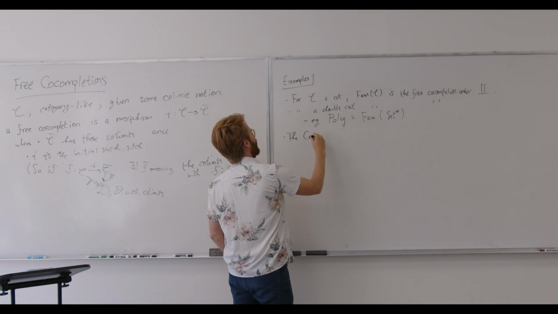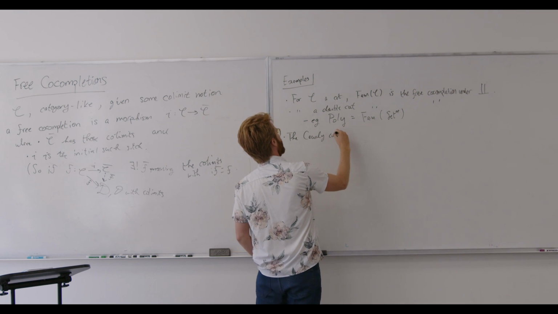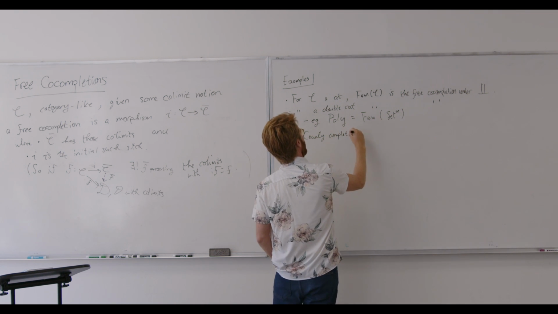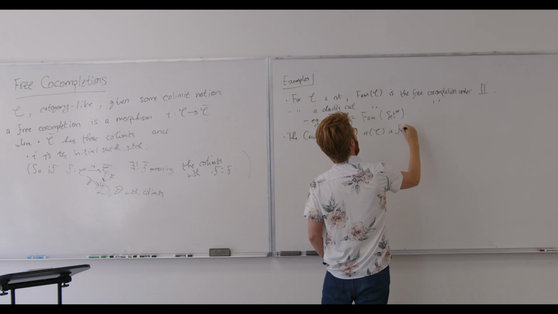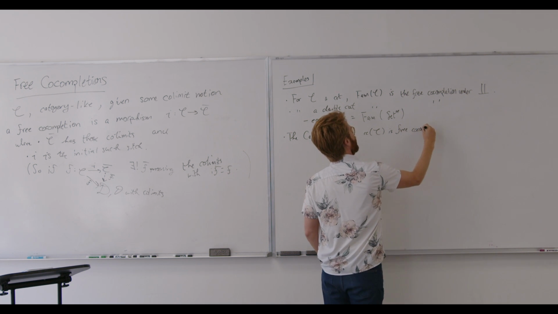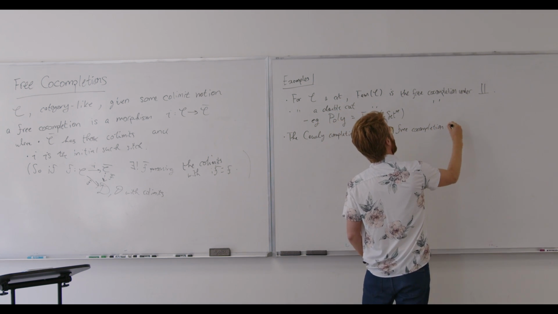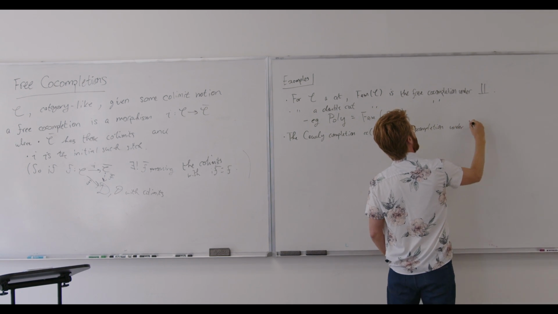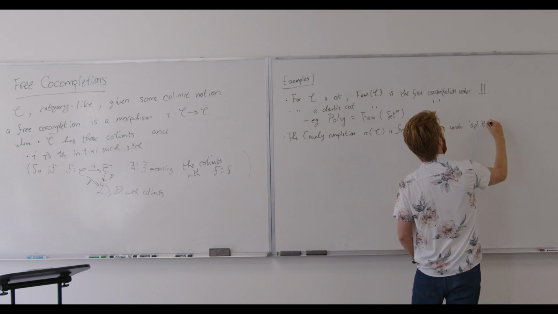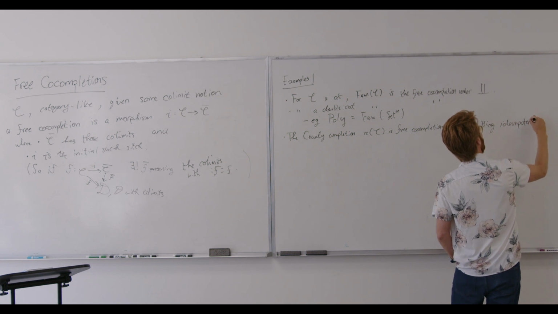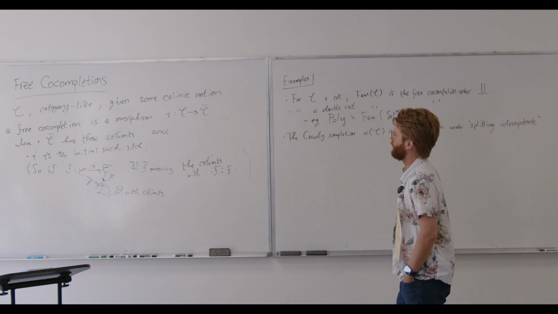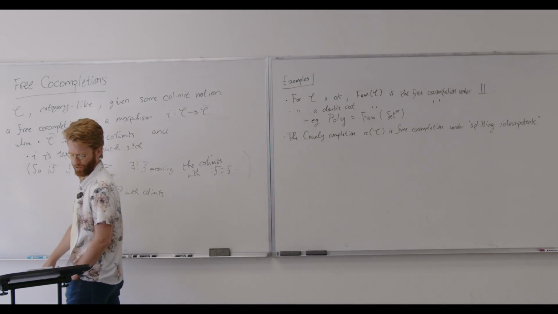The Cauchy completion of a category is the free cocompletion under splitting idempotents, which I'll just say as words for now. I'd like to explain this one completely, but I'm still a little bit unsure about the timing.